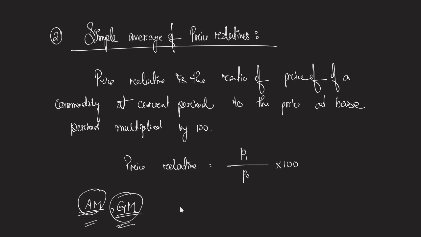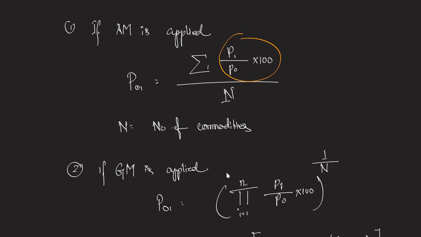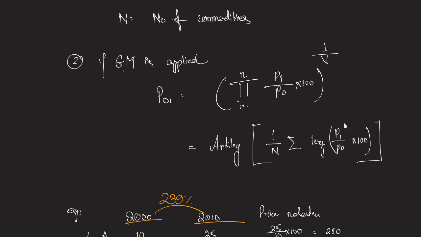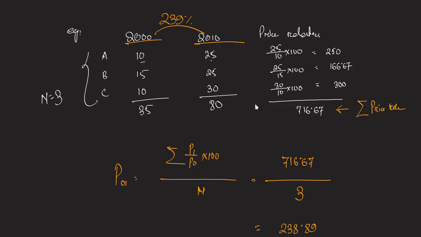So simple aggregate method and simple average of price relative. Aru etu hol arithmetic mean use kori. The same value I suggest you to try to solve it using this geometric mean, and geometric mean korile ki value pai, you should try it yourself, right? So this your second method.